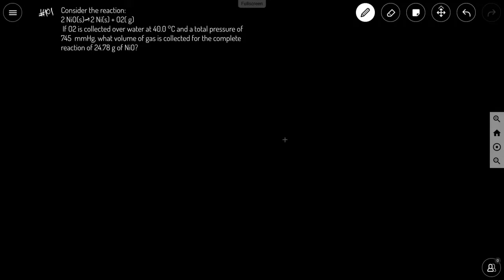All right, so this is a gas problem, but we're also given an equation to work with. So let's go ahead and start by underlining all of the given information.